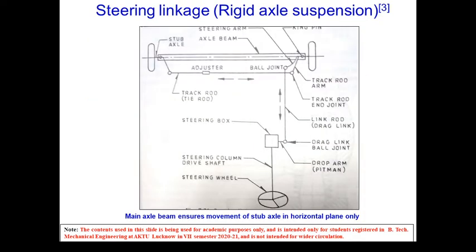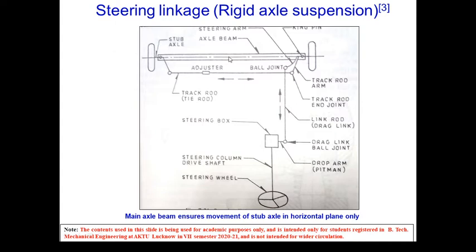So talking about the steering linkage, that is about the steering rigid axle suspension, we'll first see the components of the steering system. Starting from here, we can see there is a stub axle on which our front wheels are fitted.